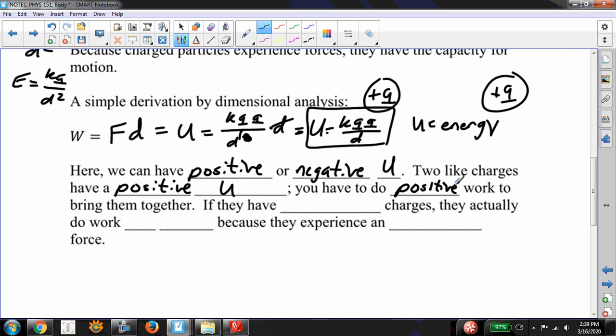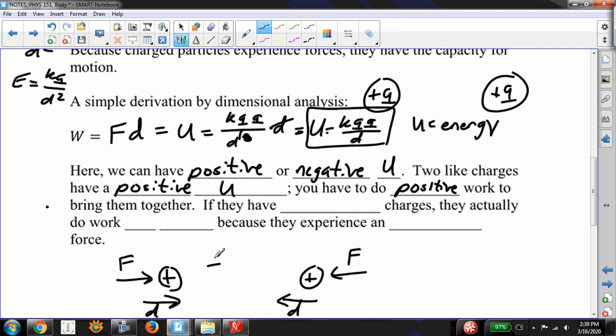So I'm applying a force in the direction of the displacement, and so I'm doing positive work on those objects. Imagine I have a positive particle right here. I have to push on it in this direction. Another positive particle over here, I have to push on it in this direction in order to cause a displacement in these directions. So in both of these cases, I'm doing positive work with a force that's being applied in the same direction as the displacement.